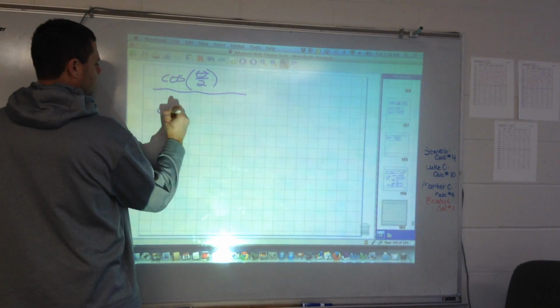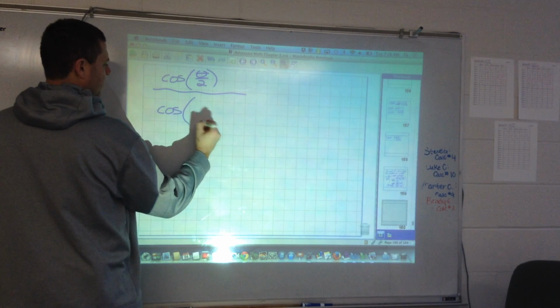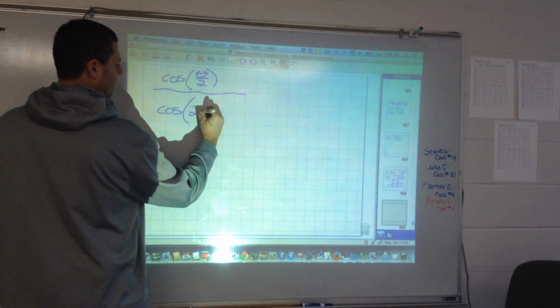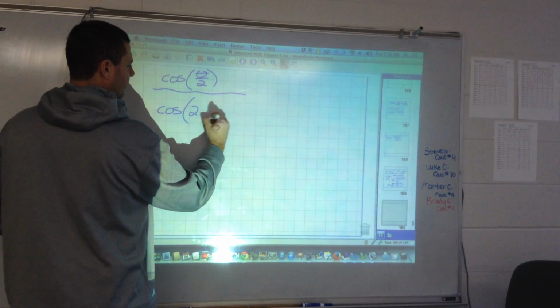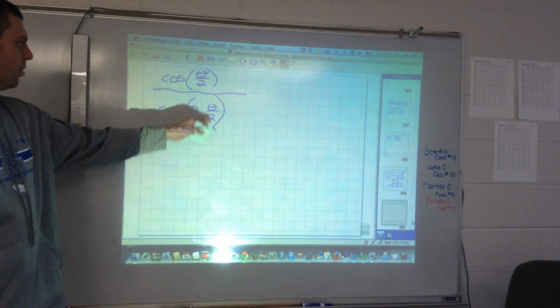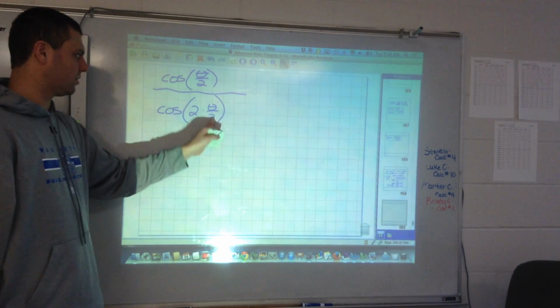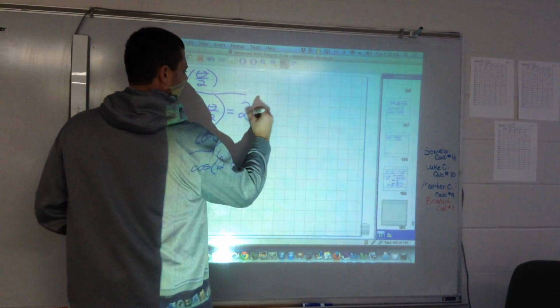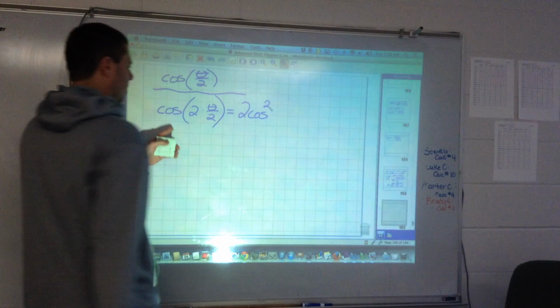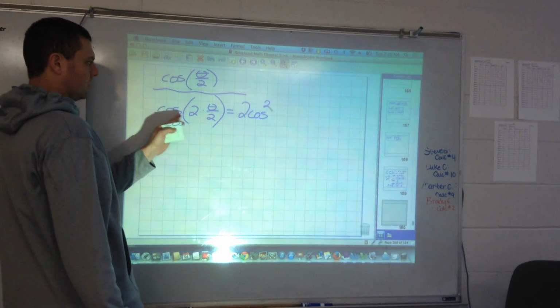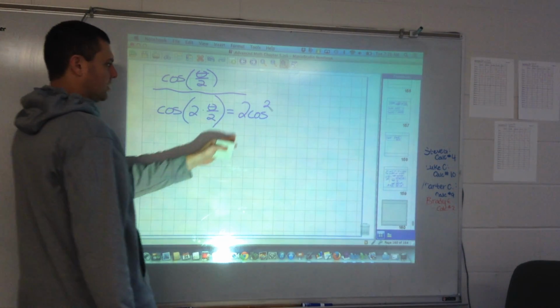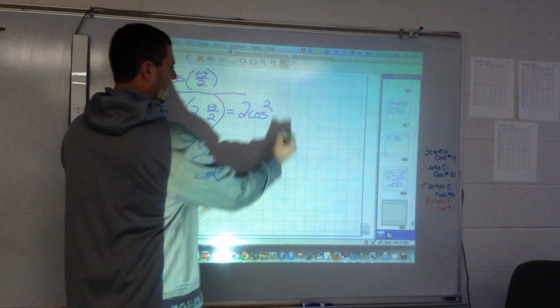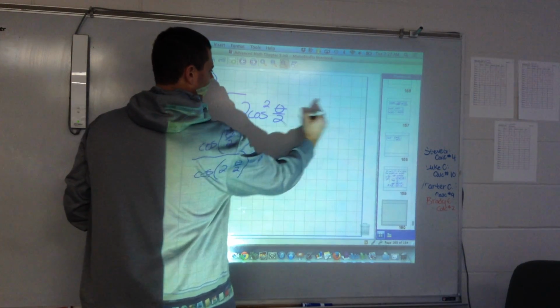Okay. We just did a double angle formula, so what I'm going to do here is take the cosine of 2 times theta over 2. So it's kind of like a double angle identity. It's the cosine of twice some angle. And I'm going to use the fact that, with the double angle identity, the cosine of twice some angle is equal to 2 cosine squared of that angle minus 1.